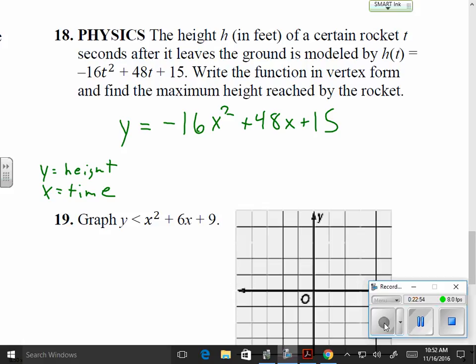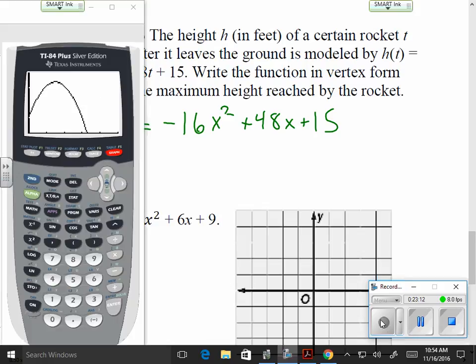On number 18, I'm going to rewrite this equation with the y and x, and then just make sure I remember that y is the height of the rocket, and x is the time since it left the ground. Then I'm going to use the calculator.